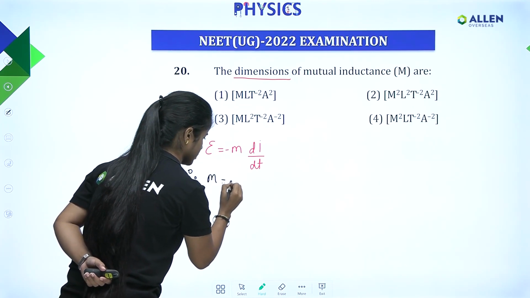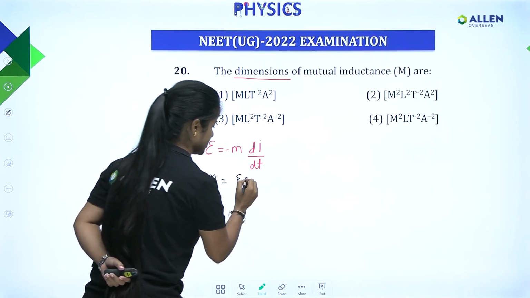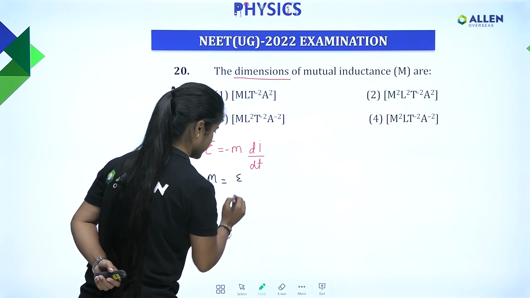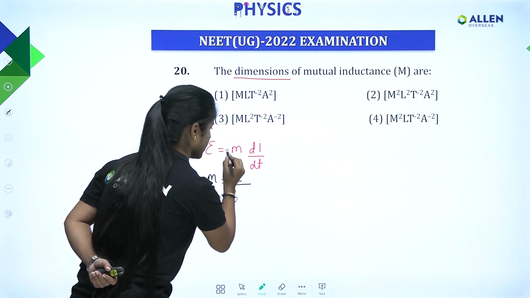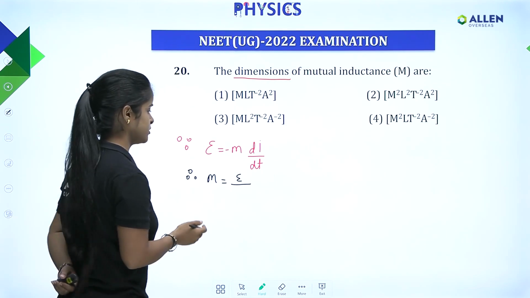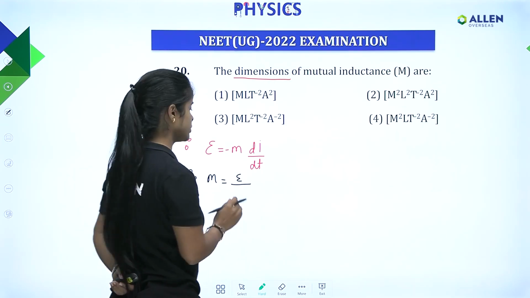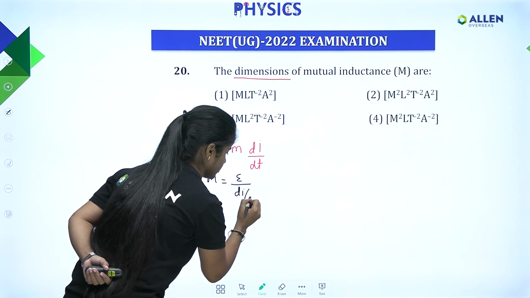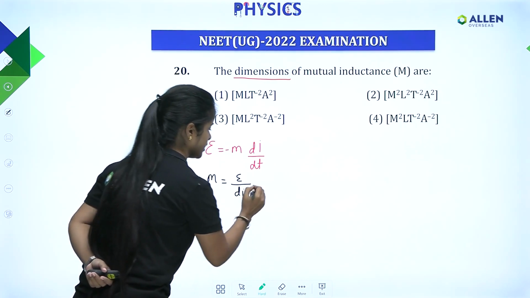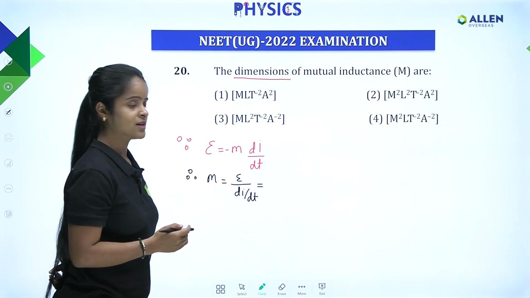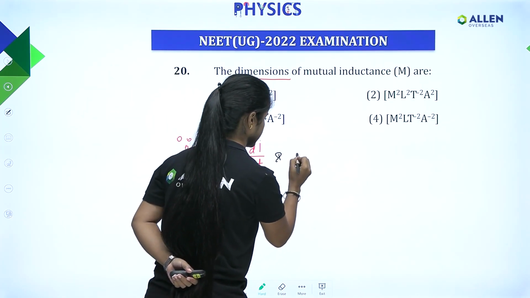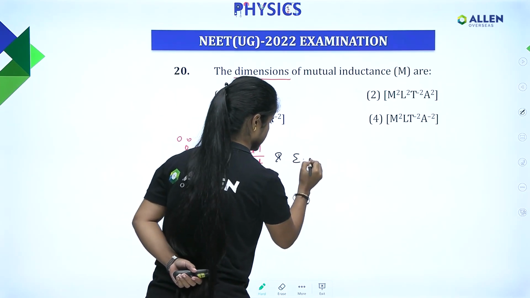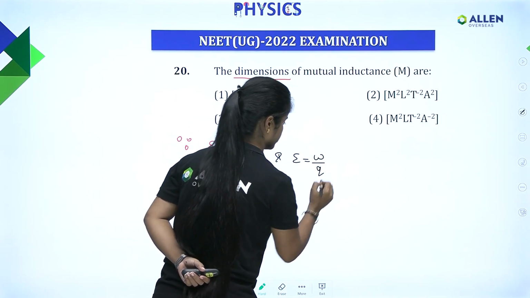Therefore M equals EMF, that is E, divided by di by dt. I am not considering the minus sign in the next step because our aim is to calculate only the dimensional formula. And we can also write this E as W by Q, right?